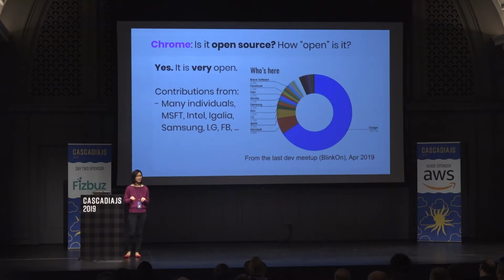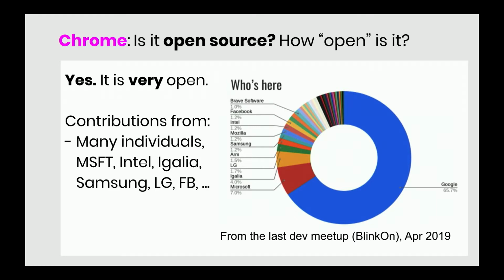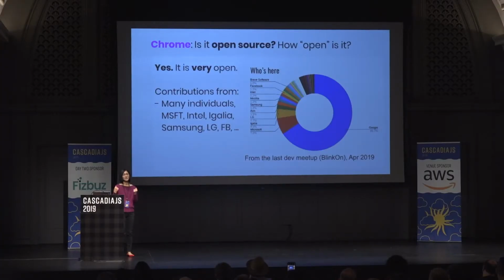And when I submit something, it's immediately visible on the public repository. The majority of contributors are from Google, but we also have lots of contributors outside Google, many individual contributors, and also many commits from other companies, like Microsoft, of course, or Intel, Igalia, Samsung, LG, Facebook, and many more. We are happy to welcome many commits from many communities.